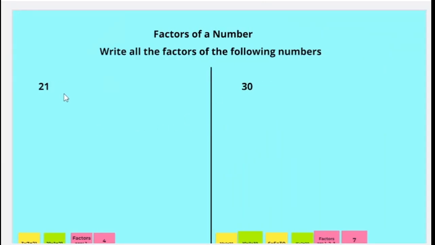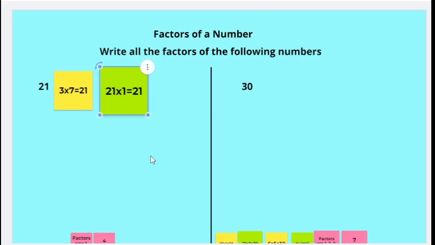Let's look at another number, 21. What two numbers can you multiply to get 21? 3 times 7 gives us 21, or 3 sets of 7 give us 21, or we can also say 21 divided by 7 will equal 3, which means that we have 3 sets of 7, leaving no remainder. 21 times 1 equals 21.